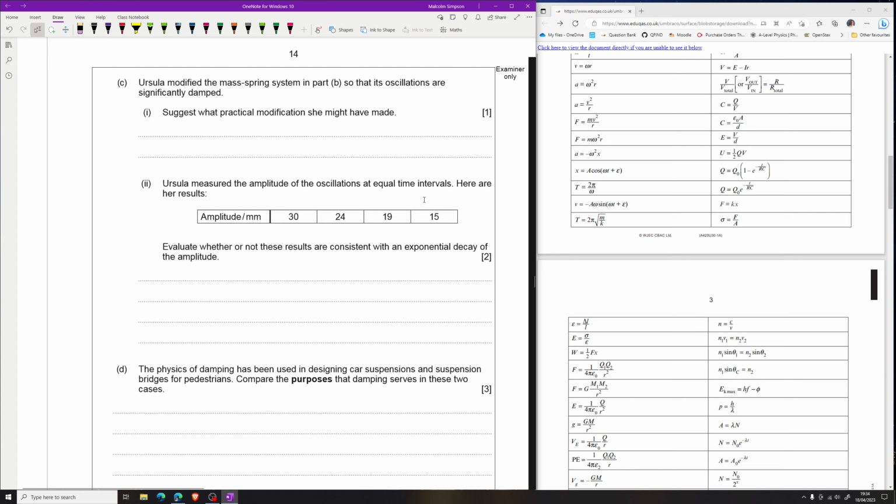Ursula modified the mass spring system so that its oscillations are significantly damped. Suggest what practical modifications she might have made. This is a practical that you may well have done. When you want damped oscillations, you're looking to increase the resistive force. So I would suggest add some thin card to the mass to increase our resistance.